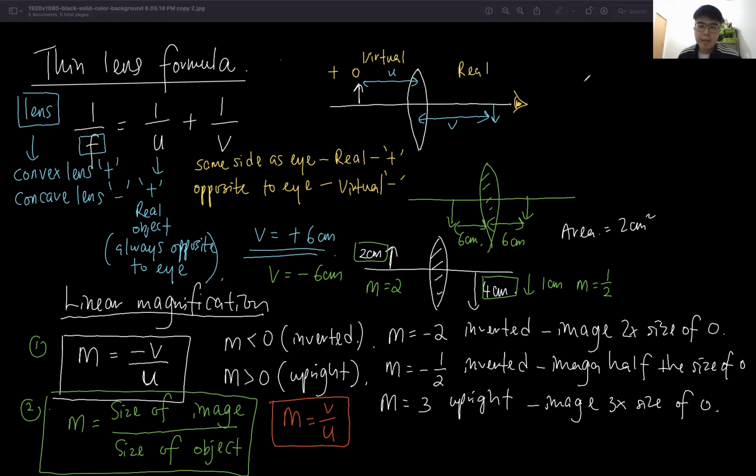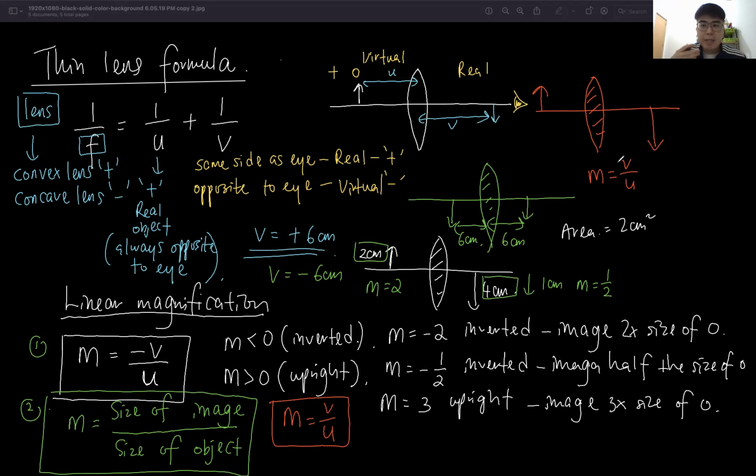When you draw the ray diagram, you find that the image is inverted. You already know that it's inverted, so you don't need the sign to tell you. You already have the ray diagram. Then when I calculate the magnification, I don't worry about the sign anymore. I just put in the values of V and U because I just want to know the magnification. The negative does not bother me because I already know whether it is upright or inverted.